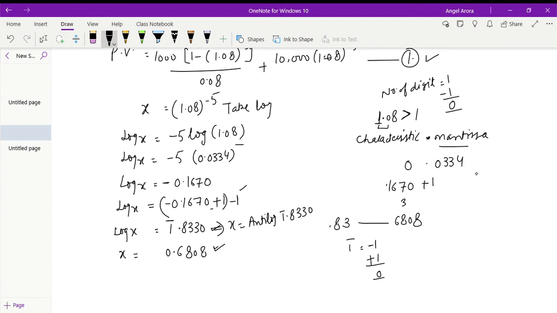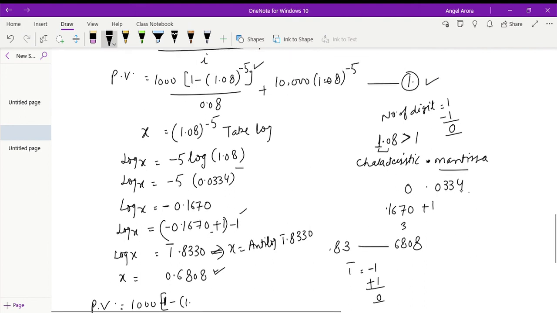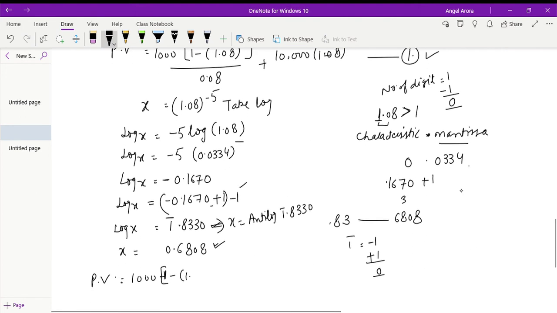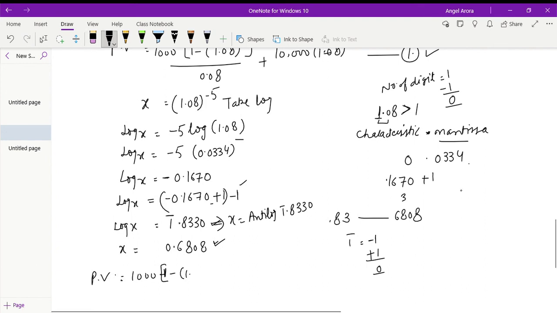So equation number 1 is PV is equal to 1000 into 1 minus 1.08 raised to minus 5 upon 0.08 plus 10,000 into 1.08 raised to minus 5. So in place of 1.08 raised to minus 5, we put here 0.6808.